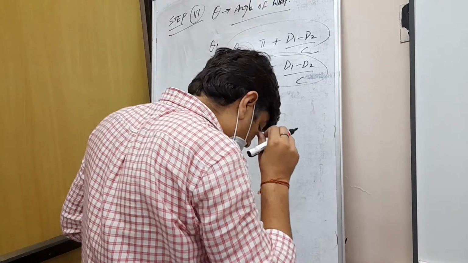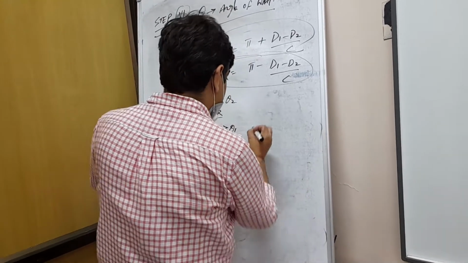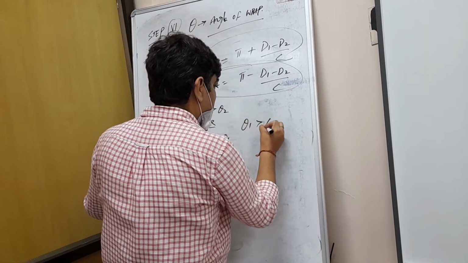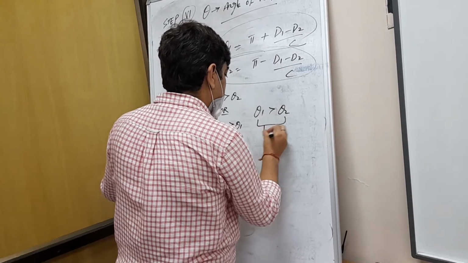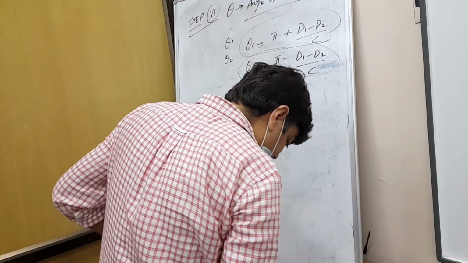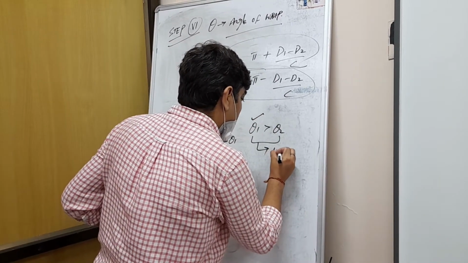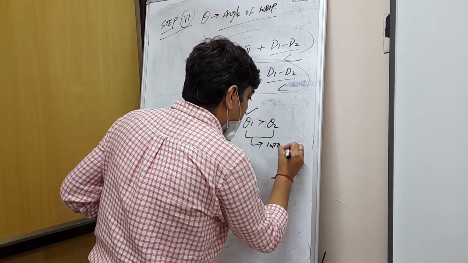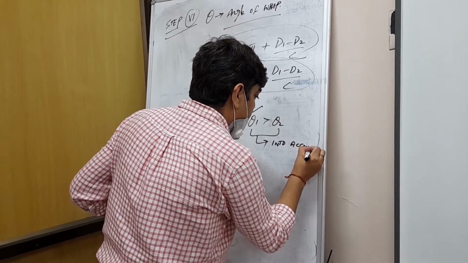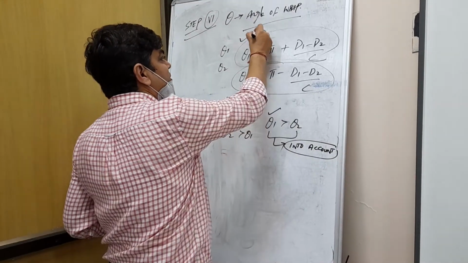If theta 1 is greater than theta 2, then for the smaller pulley you take the value of theta 1 into account. Which one is higher, you take that into account.